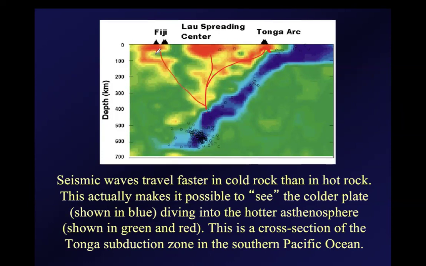All of those are being fed by that pool of liquid melted plate rock. So this is really cool to see because it very much shows what our model is supposed to look like.